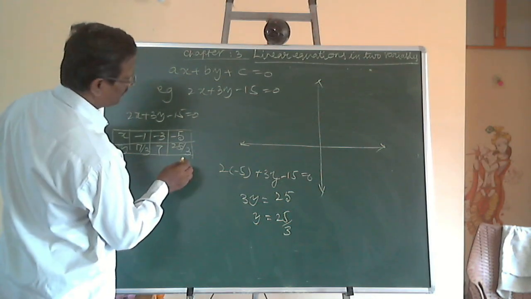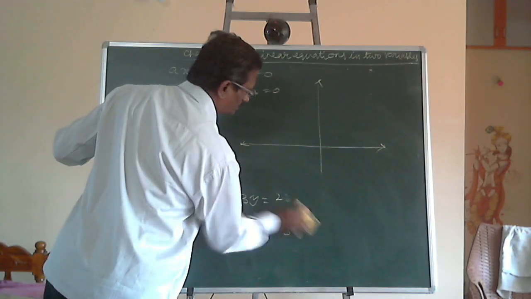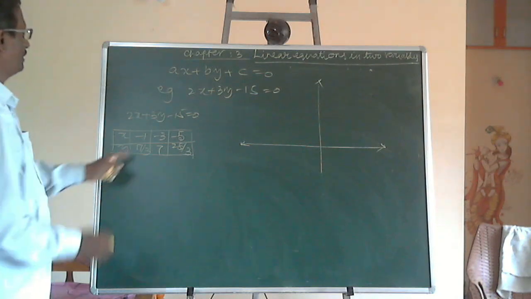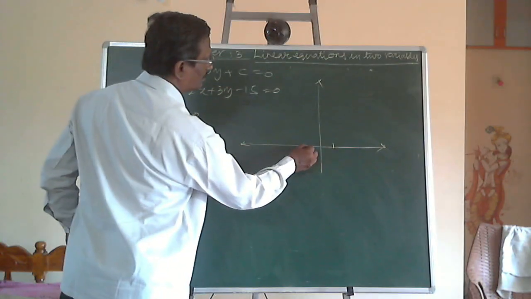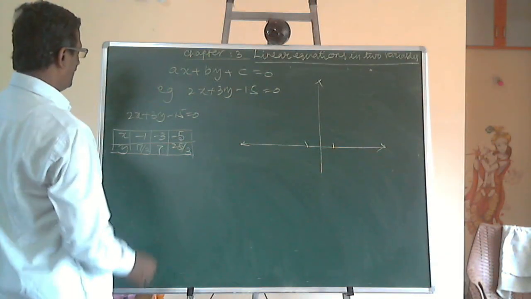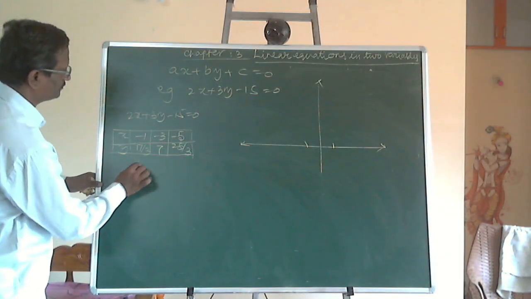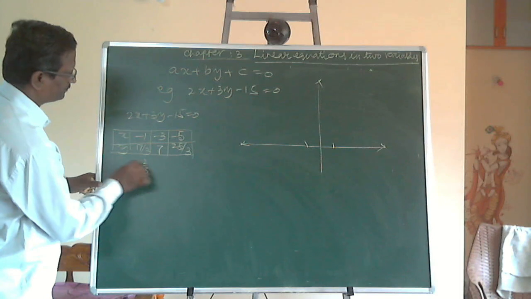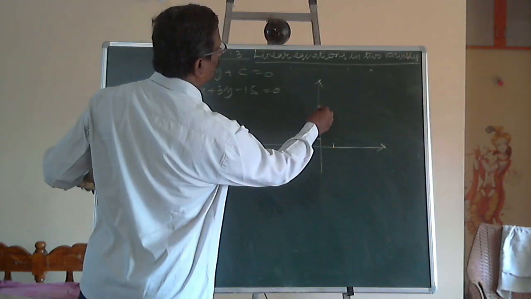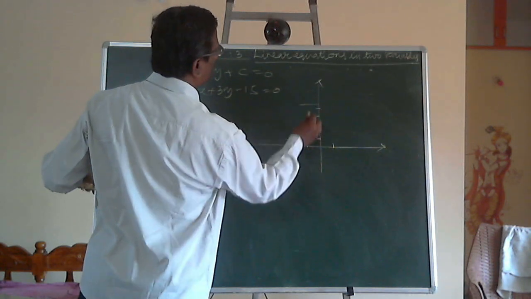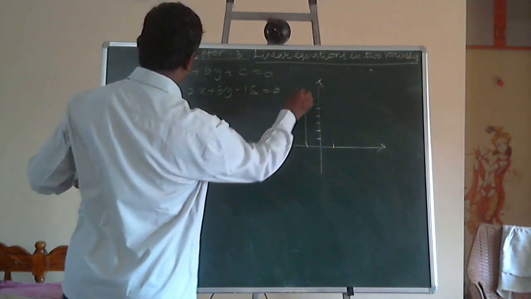Rough idea. Minus 1 is the x value and the corresponding y value is 17 upon 3. This is 5 2 by 3. Approximately 1, 2, 3, 4, 5, 5 2 by 3. Approximately you take this value, this place.